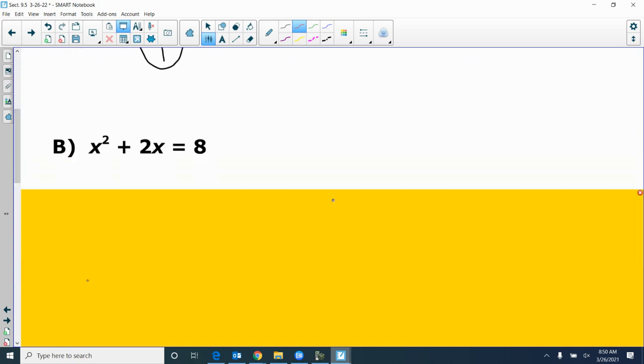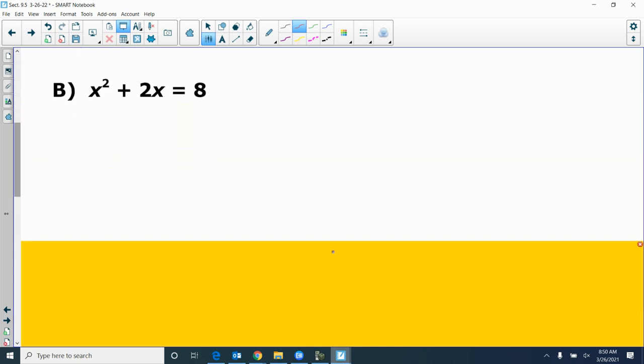Take a look at that second one. Zane, you with us? Yeah, I got it. Okay. Now, there is an issue here. What do we want it to equal? We want it to equal 0. So you can't type this in as it is.